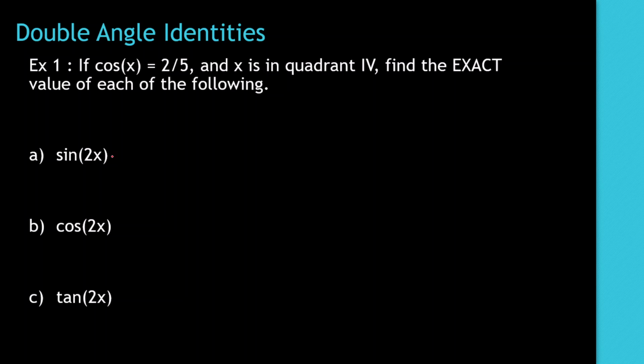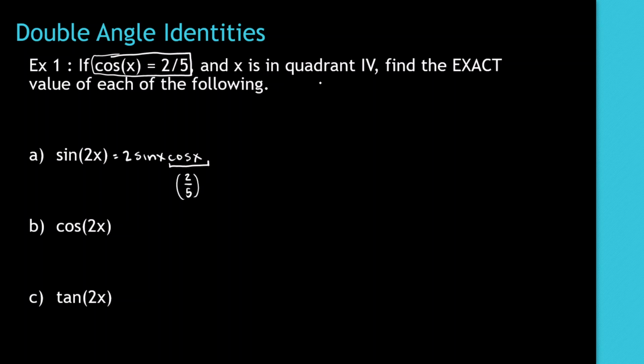So we know that sine of 2x, our formula for that is 2 sine of x cosine of x. So let's look at what they tell us. They tell us that cosine of x is 2/5. So I can replace cosine of x with 2/5.